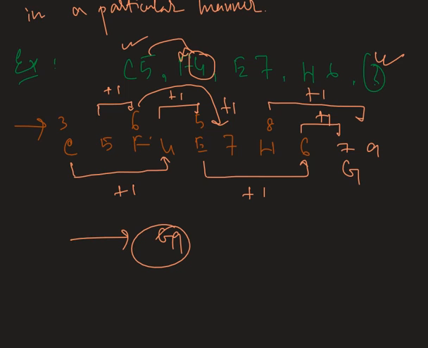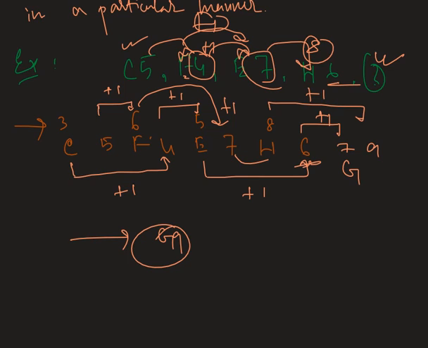As we can see, if we add 1 with 5, we get 6, and if we add 1 with 7, we get 8, which is H. Similarly, if we add 1 with 4, we get 5, which is E, and if we add 1 with 6, that is the corresponding number of F, we get 7.